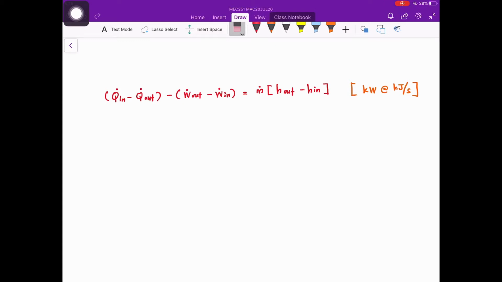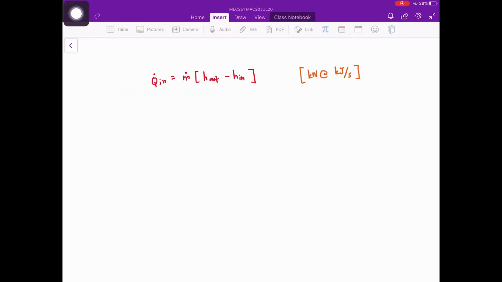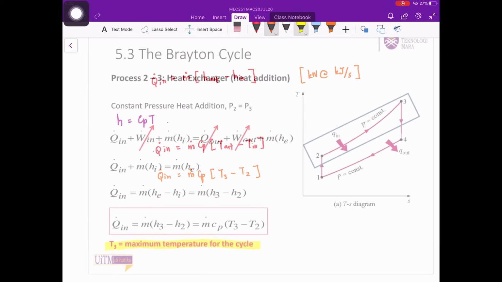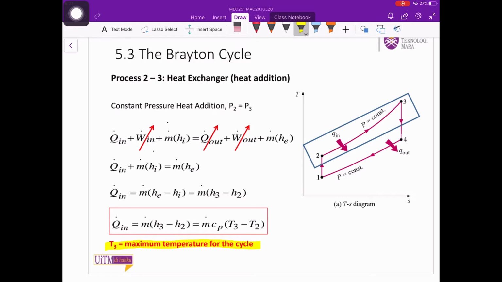Thus, our steady flow energy equation will now become this expression. The enthalpy for an ideal gas is equal to Cp times T, thus we have this equation. With respect to our example, the equation will be this expression. Note that the temperature at state 3 is the maximum temperature for this cycle.